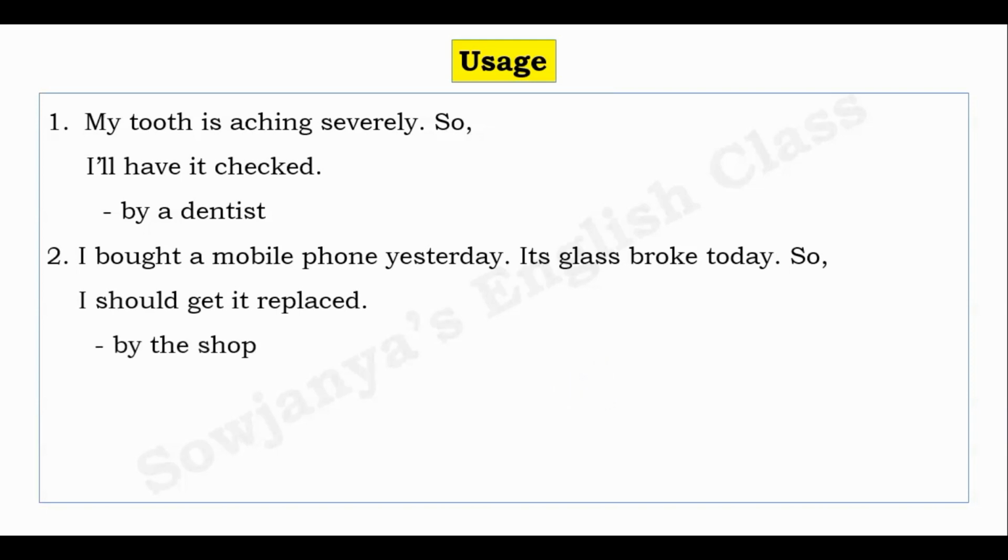By the shop where I have bought this mobile. They'll get it replaced because it is still in the warranty period, because I bought it only yesterday. Again, look at the structure. Subject plus causative verb plus object plus V3, replaced.